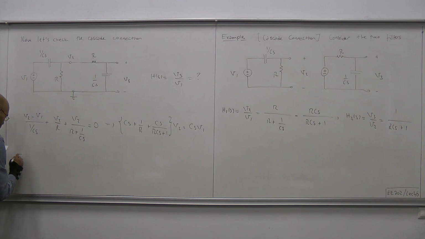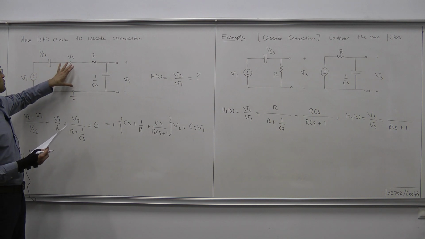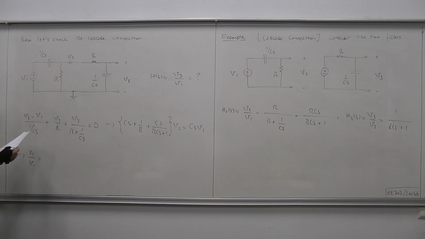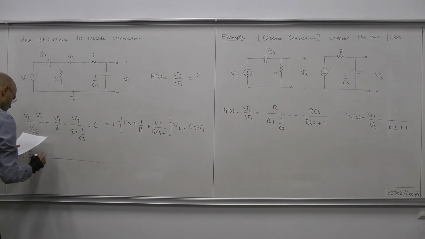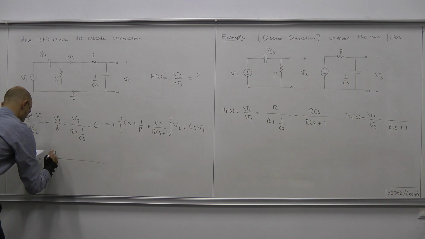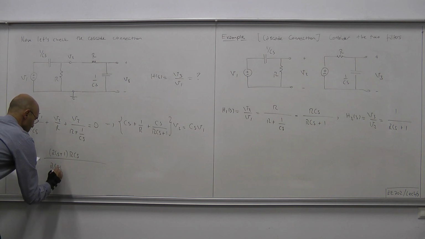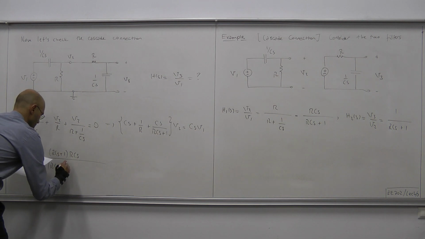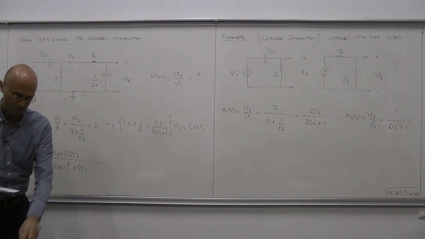So that produces V2 over V1, the ratio of this voltage to the input voltage V1, and that equals RCS plus 1 RCS, and then RCS plus 1 square plus RCS.